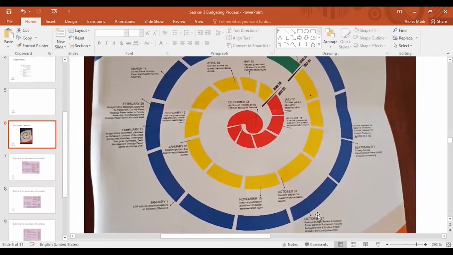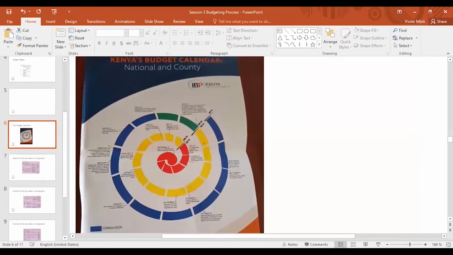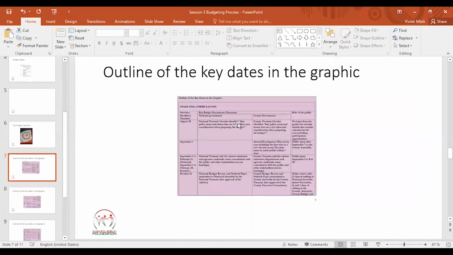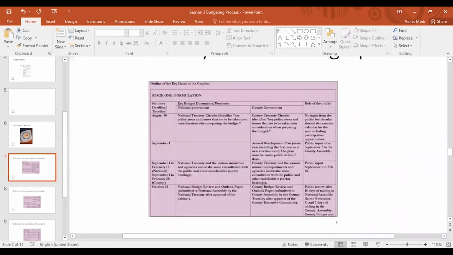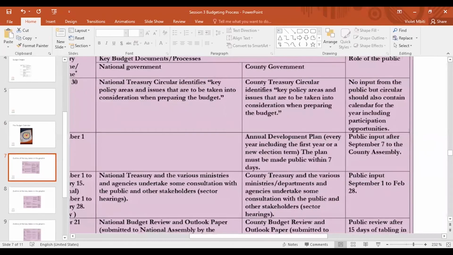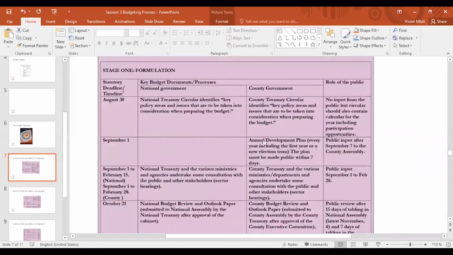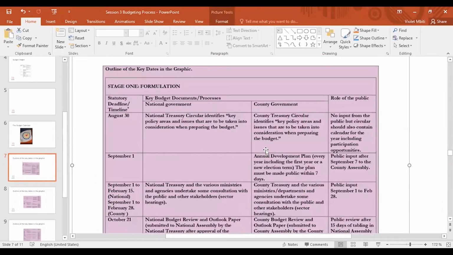So now I'm going to get into details so that you can understand the content in this particular budget cycle. This is the outline of the key dates, and I'm zooming in. So, outline of the key dates in the graphic. Stage 1, formulation.